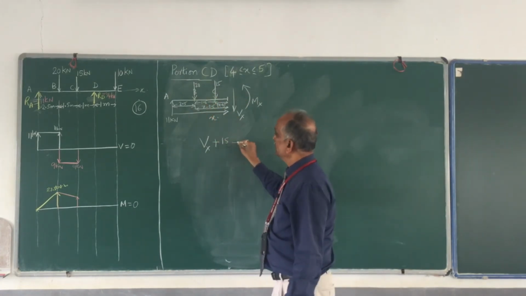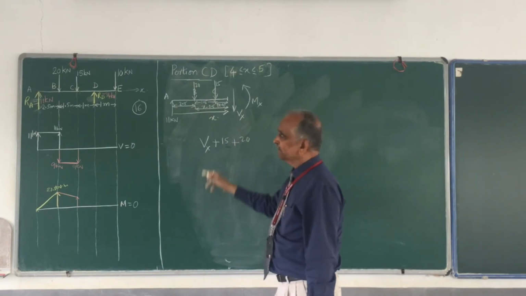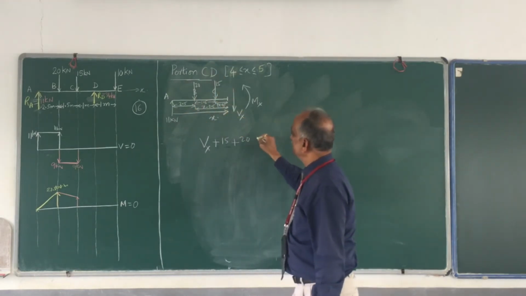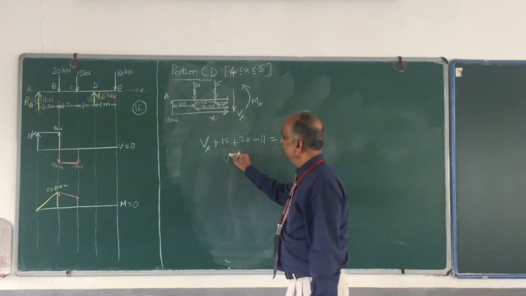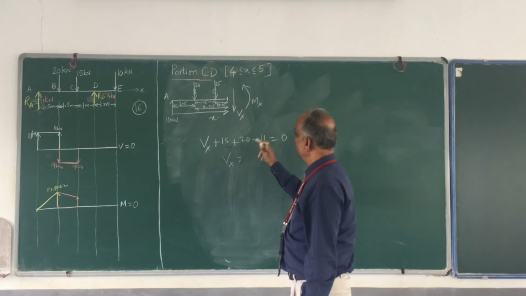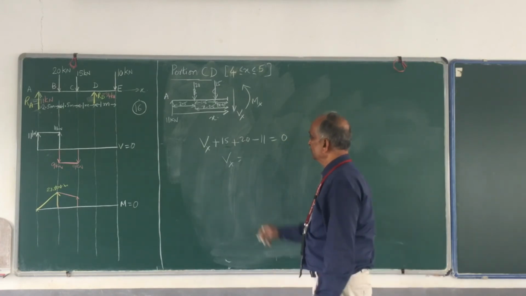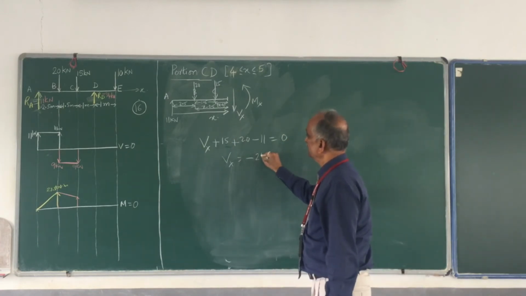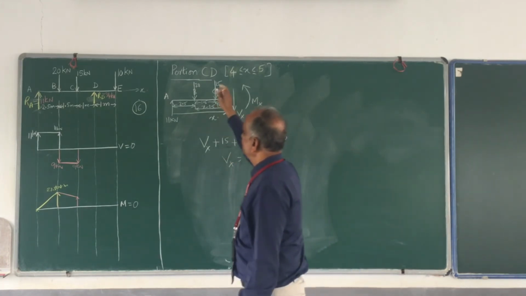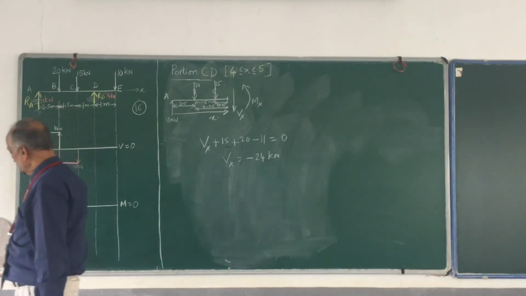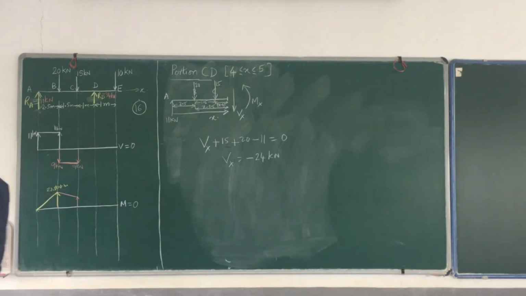Then 20, that also is positive. Then you have 11 upwards, therefore it is minus. So Vx is equal to 35 minus 11, which is 24, and it goes to the other side, so minus 24 kilonewton. So shear force between C and D is constant, does not vary, and its value is equal to minus 24.